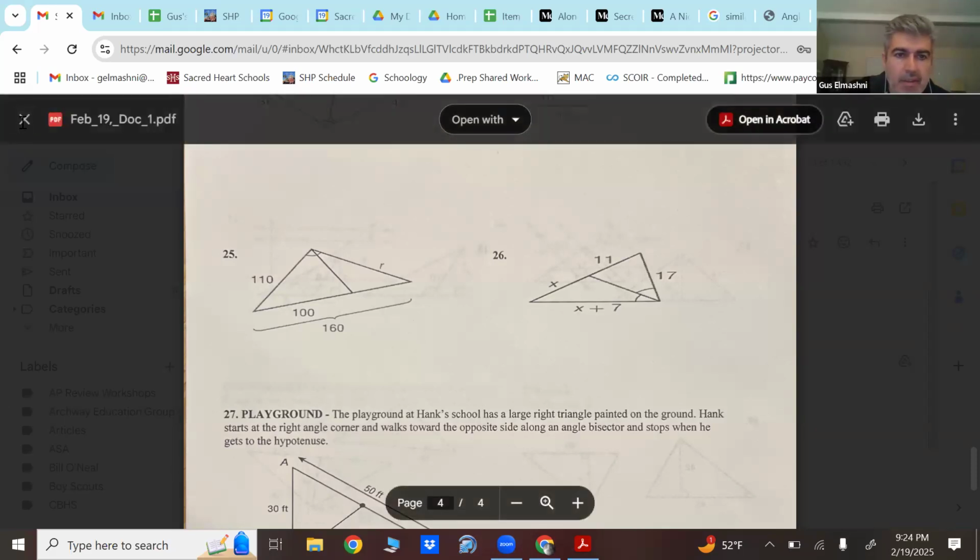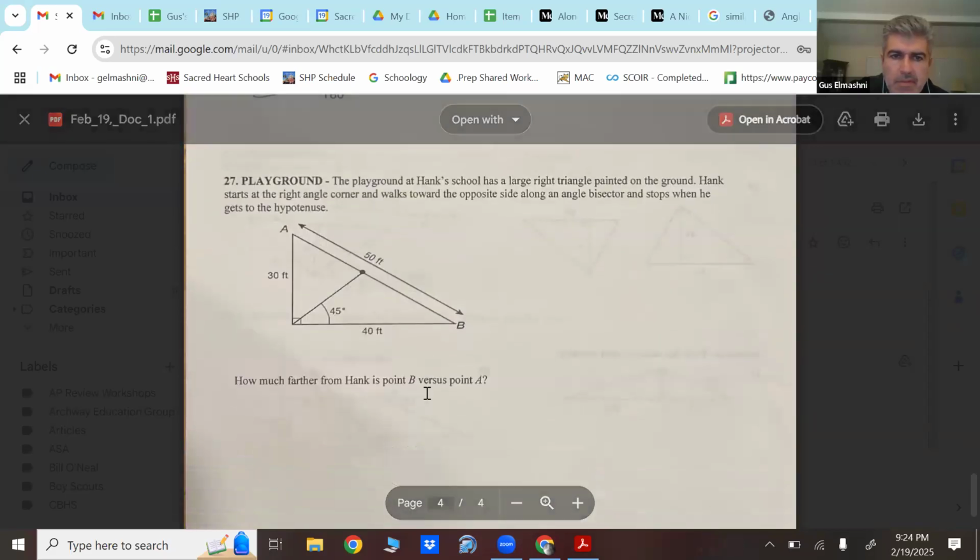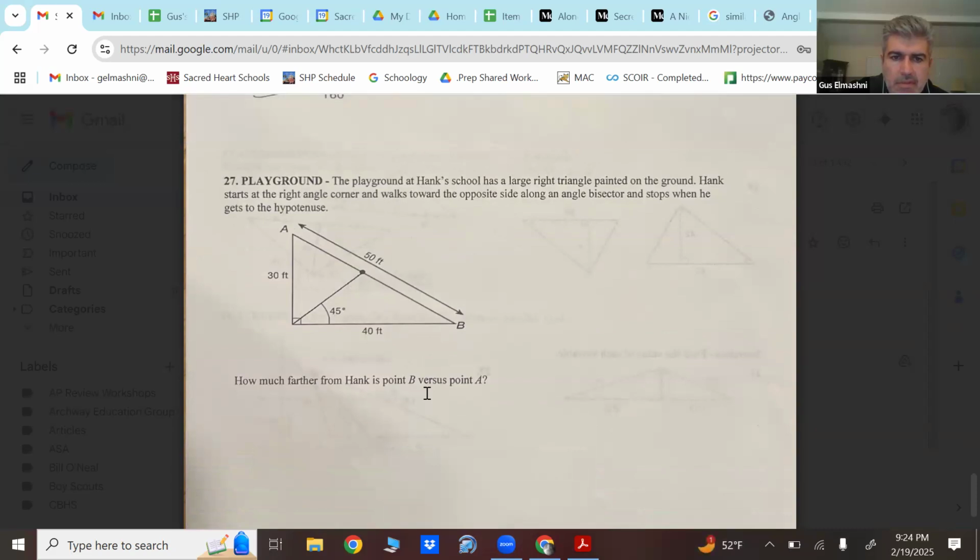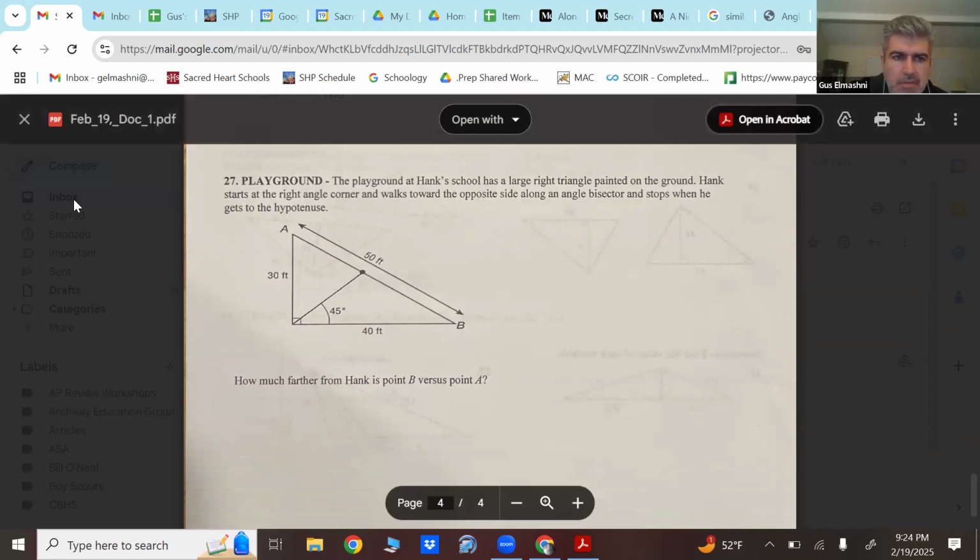Yeah, so same thing, because that's 45 also.